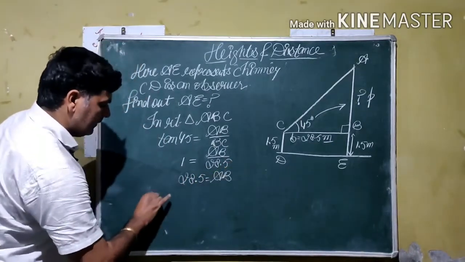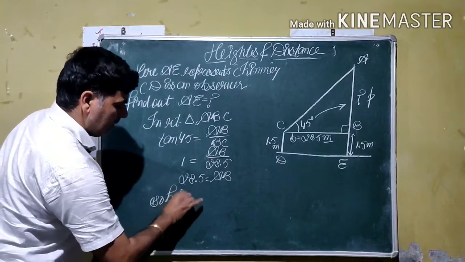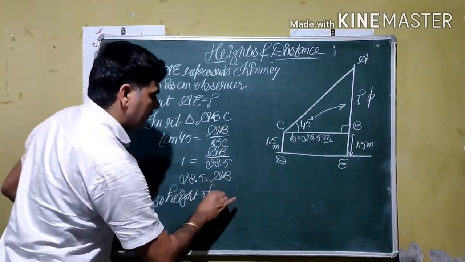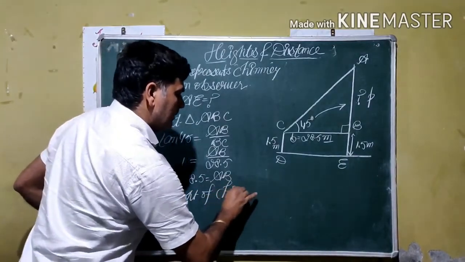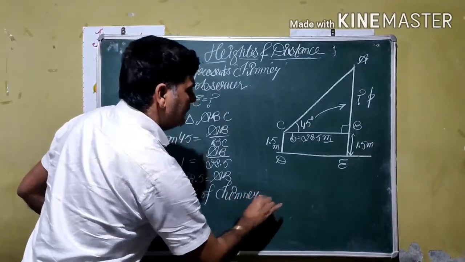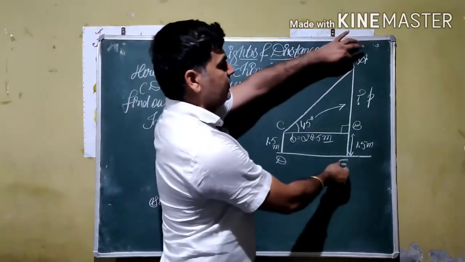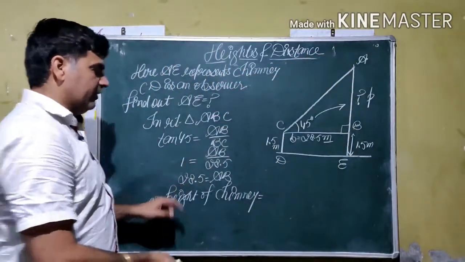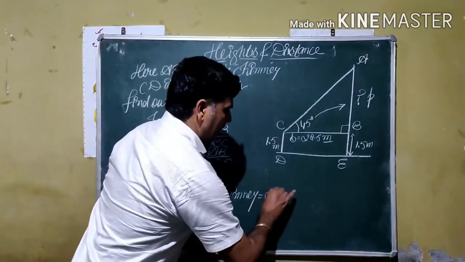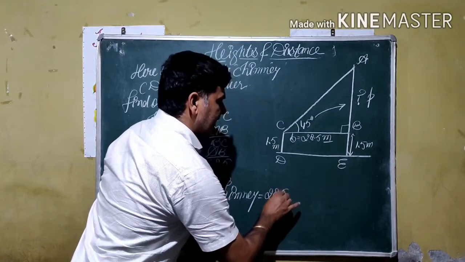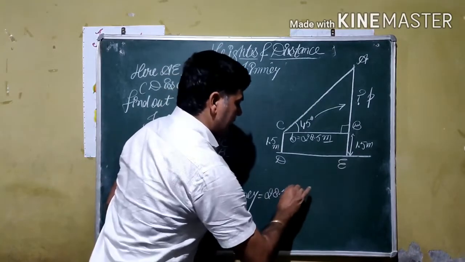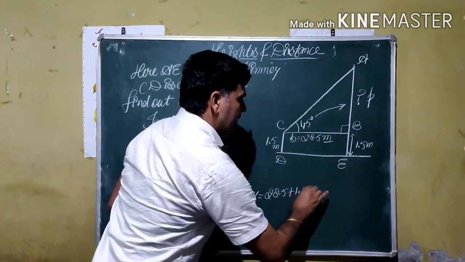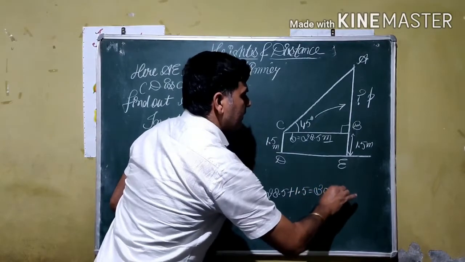So the height of the chimney, if we see our figure, is the total height of the chimney, given by AB plus BC. AB we have already calculated as 28.5, and BC is already given, that is 1.5. If we add them, the total height becomes 30 meter.